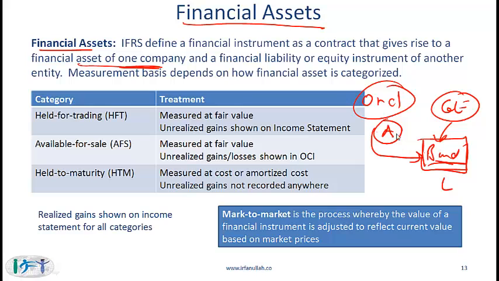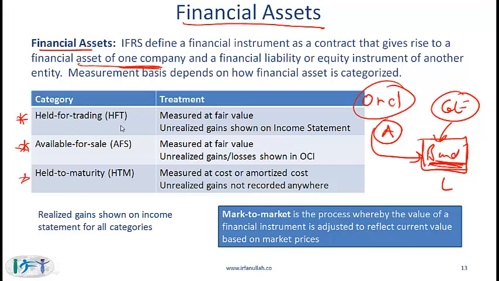The question now is, how should Oracle account for this bond? And the answer is that it depends on how the bond is going to be categorized. Broadly speaking, there are three major categories that you need to worry about: held for trading, available for sale, and held to maturity.